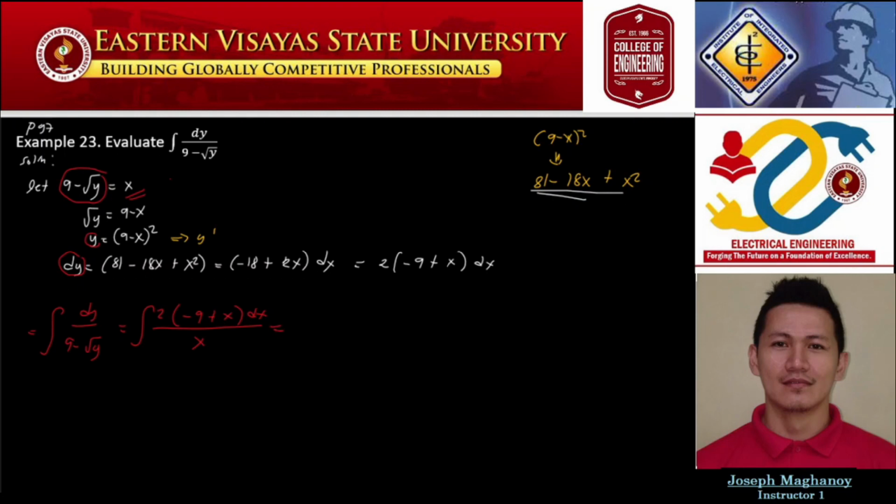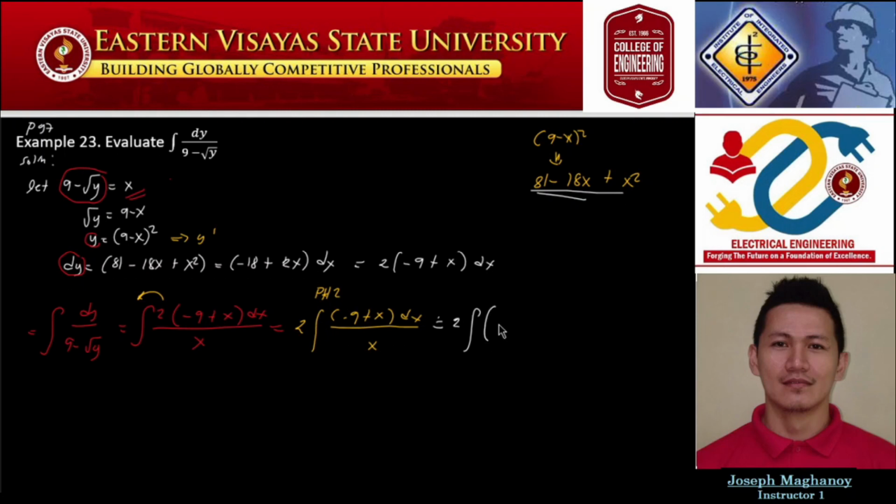So if you apply your property number 2, you carry out your real number constant. So that is 2 integral of quantity negative 9 plus x dx all over x. Okay, we simplify further. If you simplify further, you have 2 integral, you distribute your denominator to your numerator.